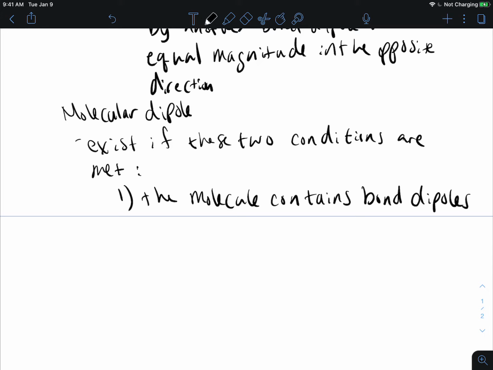Second, we have to have asymmetry. Asymmetry about the molecule. So it has to be a molecule that is asymmetric or lacks symmetry.